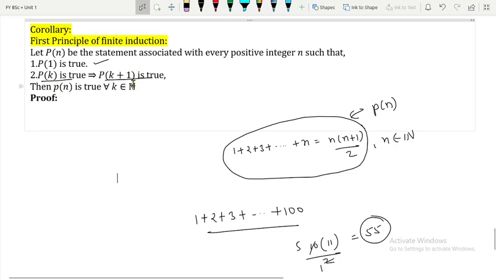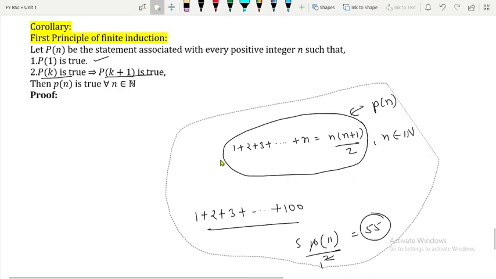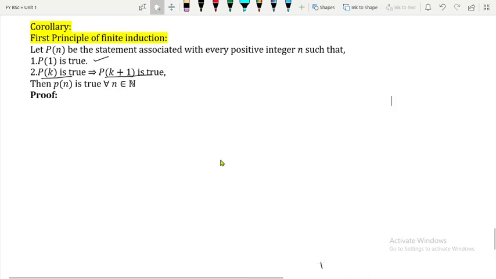And if we are able to prove it, then we can say that this statement is true for every natural number n. Okay, now let us prove it. In order to prove it, as I told you, we are going to take the help of the last theorem. But in order to use the last theorem, we should have a set.